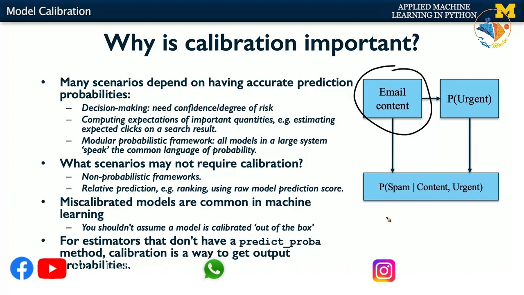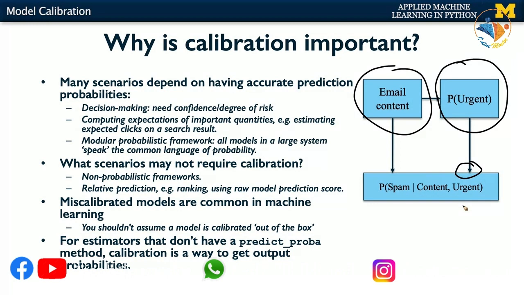That might involve more than one process. So you might have a separate classifier that predicts whether this email is urgent or important based on the content. And then that estimate of being urgent or important forms part of the feature set that goes into the final predictor, whether this is a spam email.